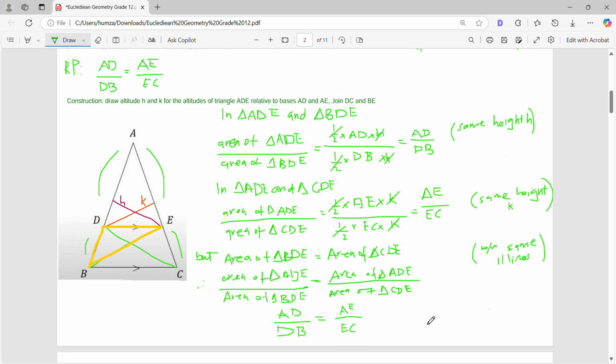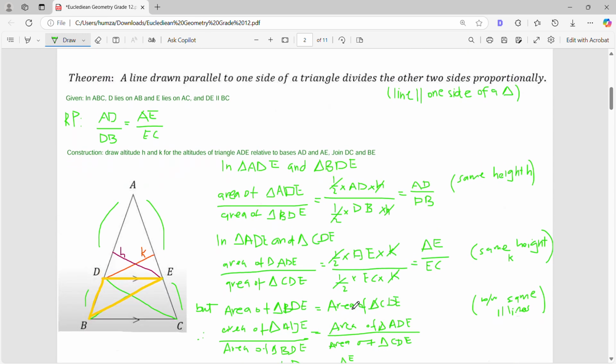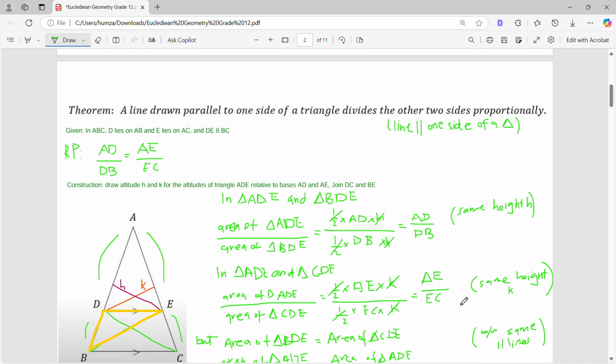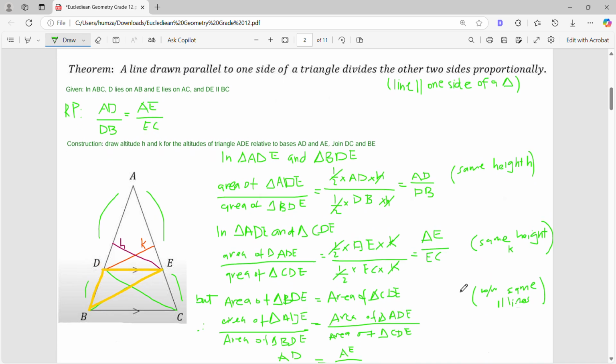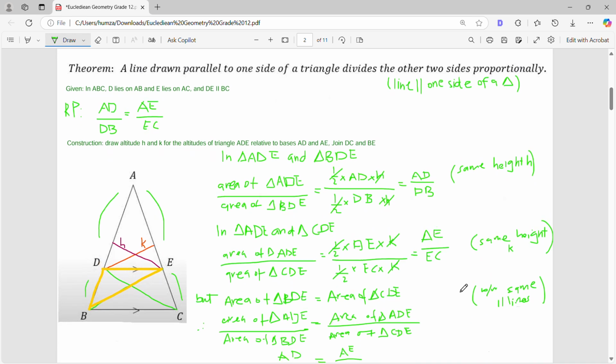So we have proven theorem number 1, which says that a line drawn parallel to one side of the triangle will divide the other two sides proportionally.